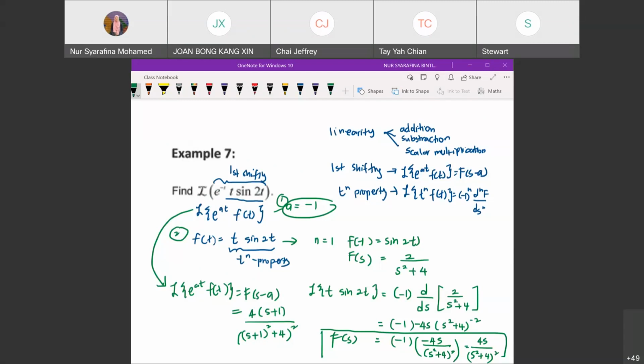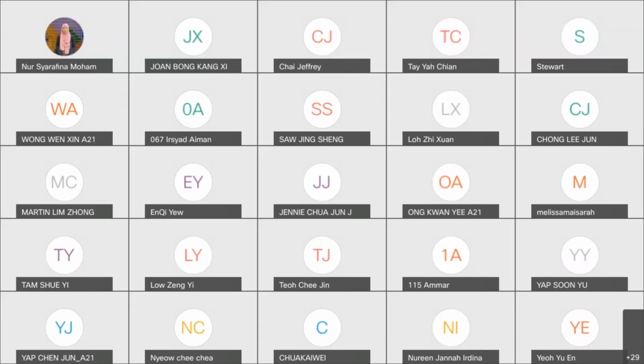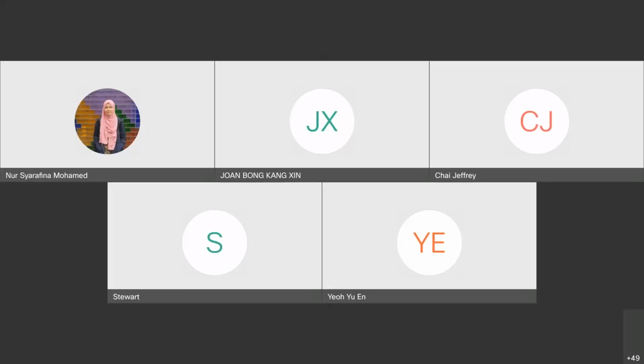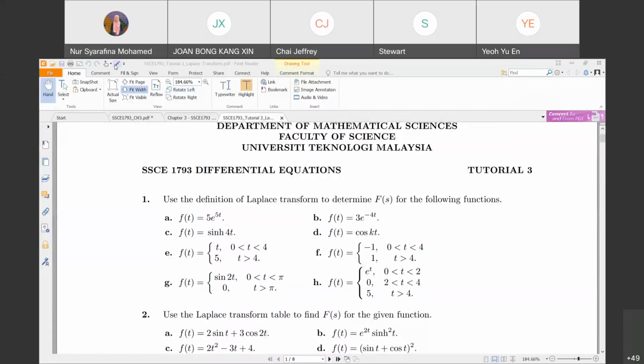Okay. So of course, you need to have a lot of practice here. You can try the tutorial. Let me show you the tutorial. In this tutorial, as you can see, the first one here, we just use the definition. You can always check from the table, but as you know, this piecewise function cannot use the table directly, so apply the definition.